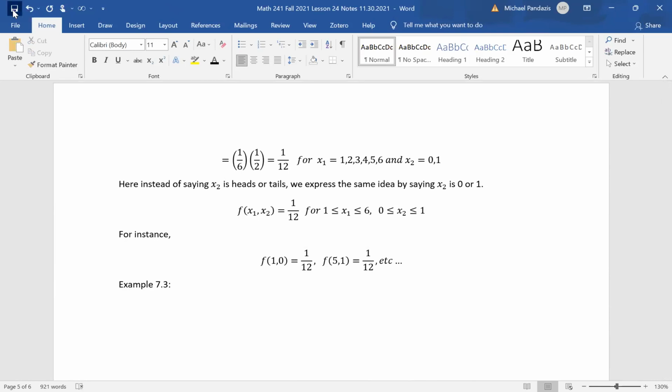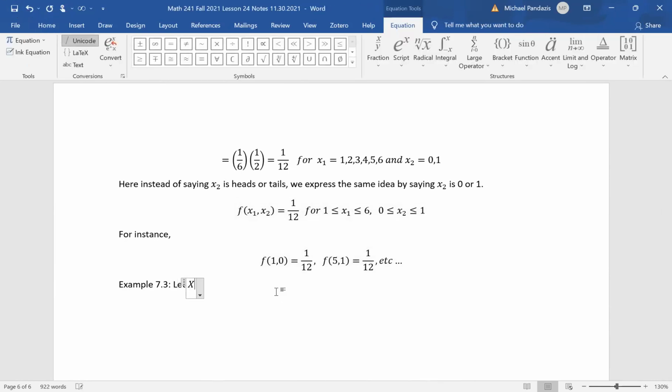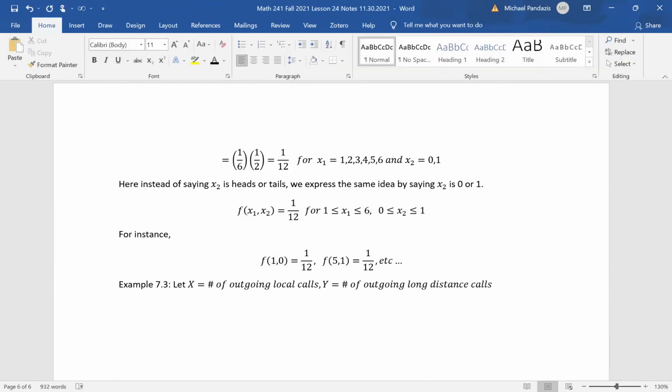Okay, so the next example, let x equal the number of outgoing local calls, and y equal the number of outgoing long distance calls. So x local, y long distance.